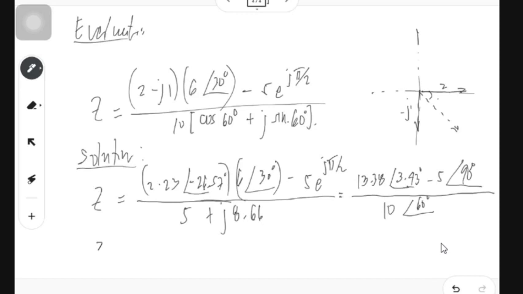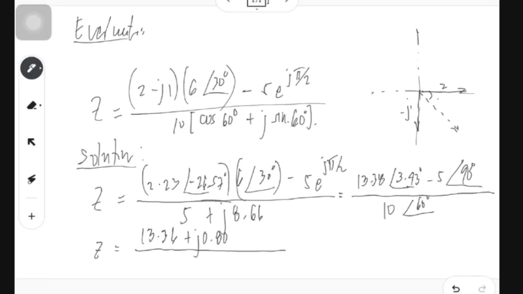What will it be? 13.38 bar angle of 3.43 degrees. 13.36. 13.36. What about the imaginary part? 0.80. 0.80. Rounded off ito. Yes, sir. Nakafix ang calculator nyo into 2 decimal places.